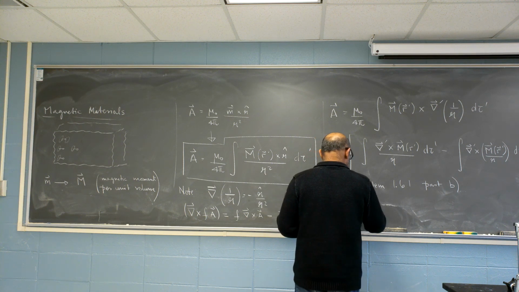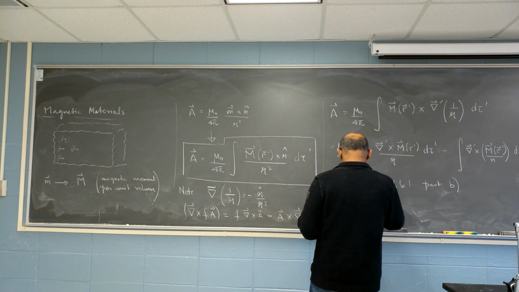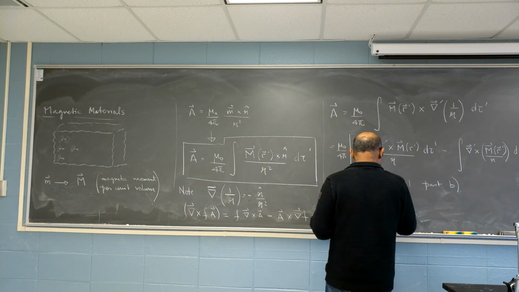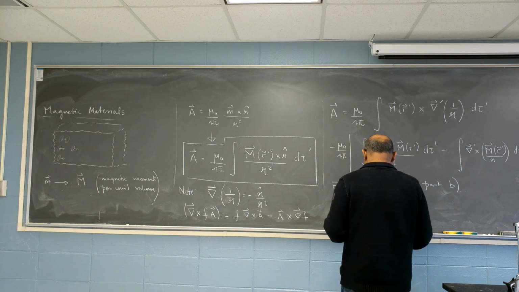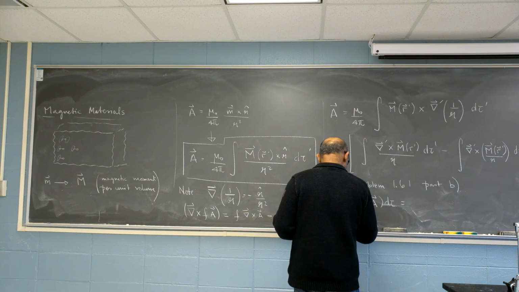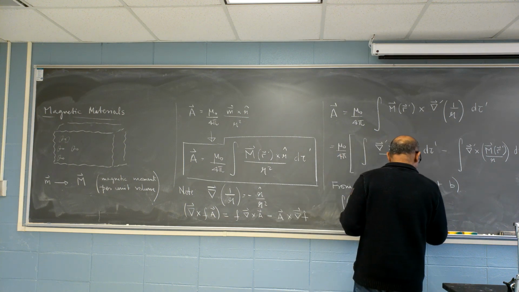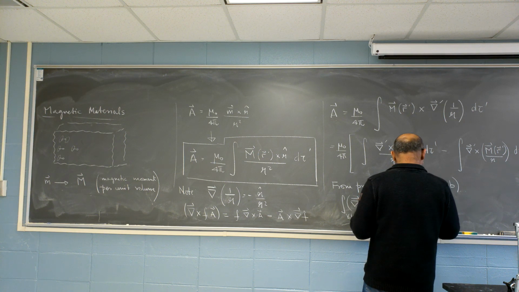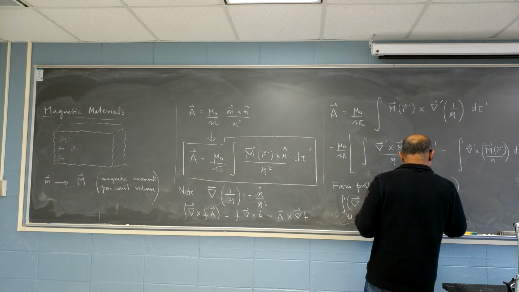Curl of any vector A d tau is equal to, over a certain volume, the surface boundary of A cross dA.